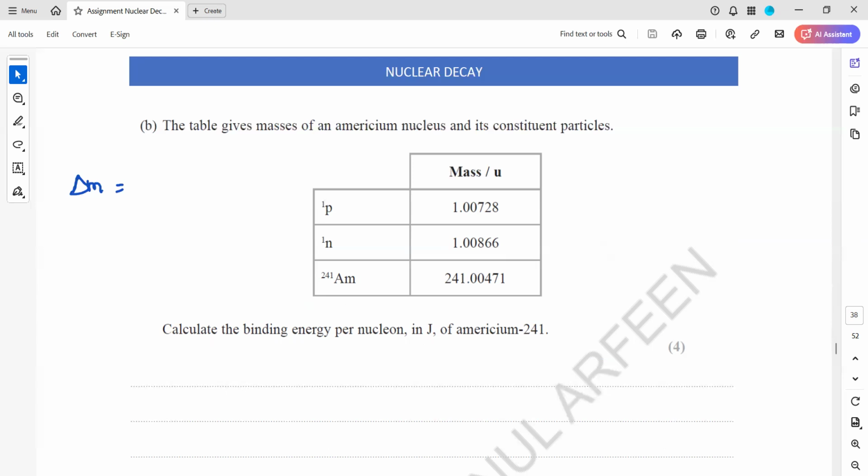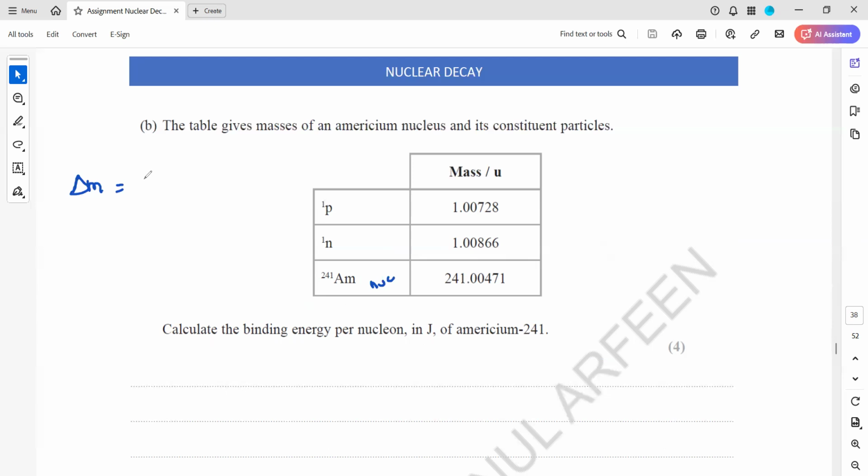How can we find the mass defect? We need the binding energy per nucleon. This is the mass of a nucleus of americium, and these are the individual particle masses given.